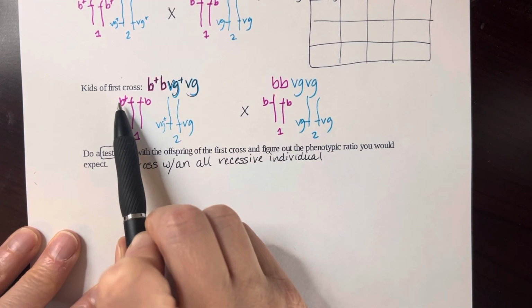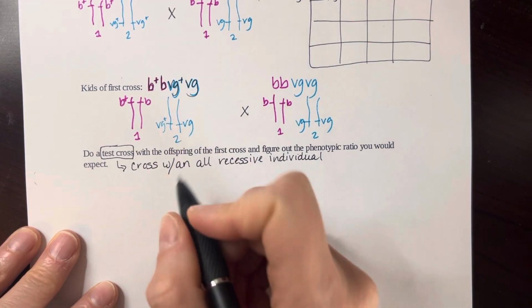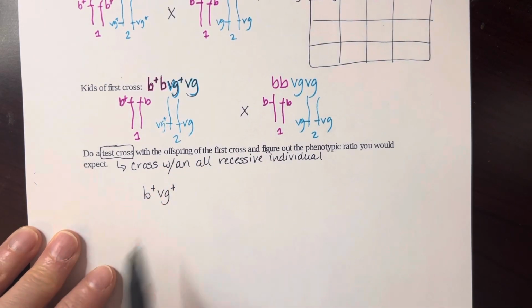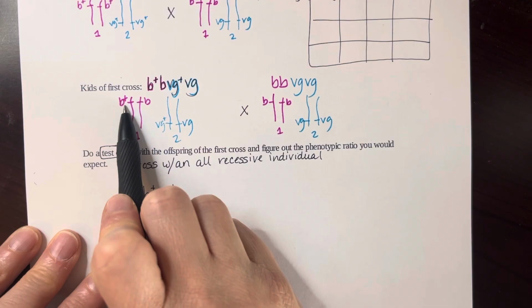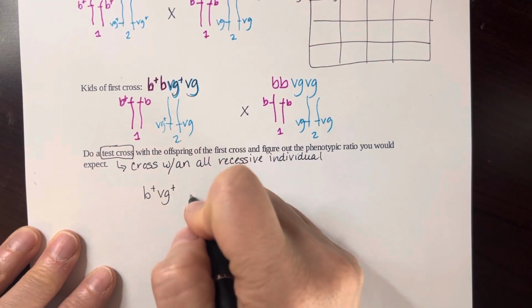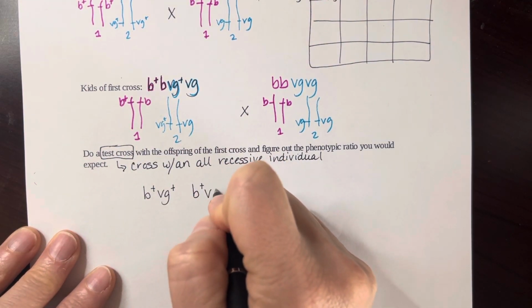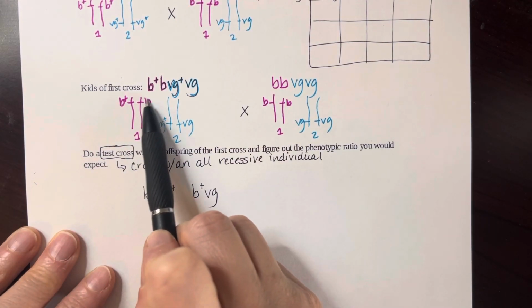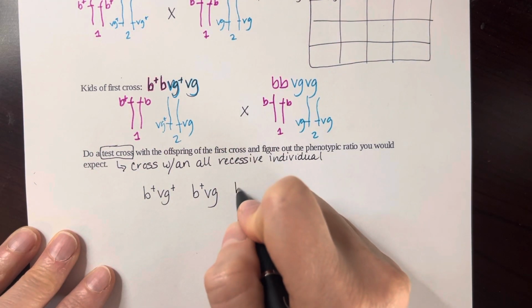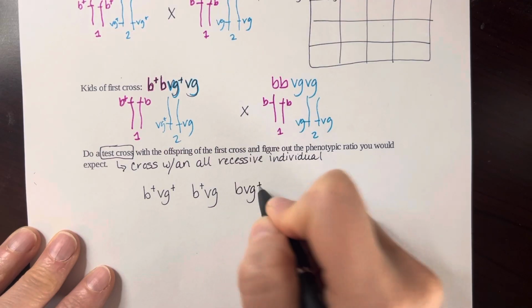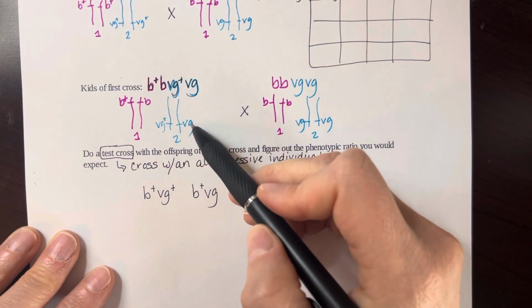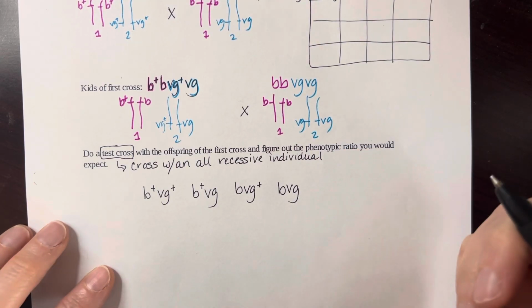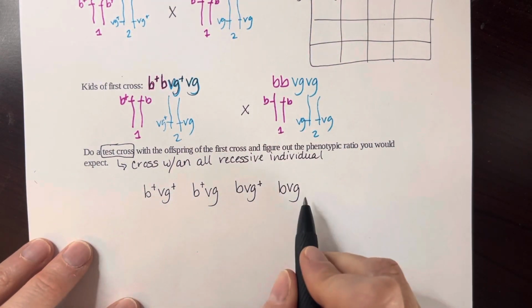They could pass on the B plus and the VG plus. I'm going to go ahead and write that here: B plus and VG plus. They could pass on the B plus and the VG. They could pass on the B and the VG plus. Or they could pass on the little b and the VG. All right, so that's the top of our Punnett square.